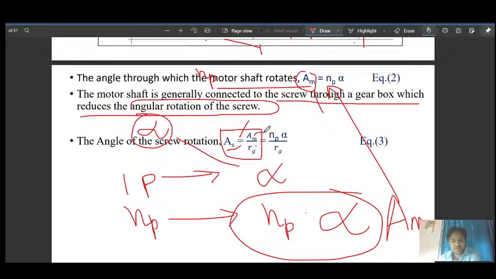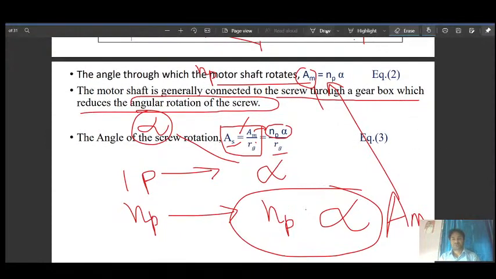And again, if we put in the value of AM, the number of pulses we use and the step angle, divided by gear reduction, okay, so equation 2 we have, equation 3 we have, Np alpha by Rg.